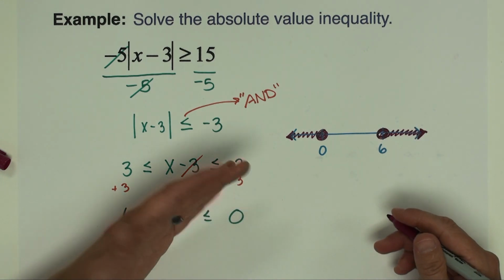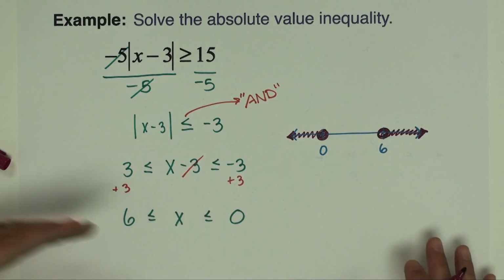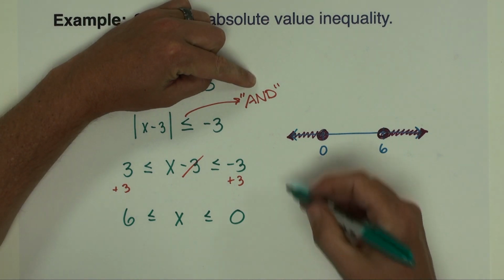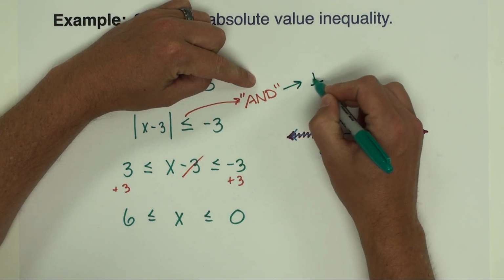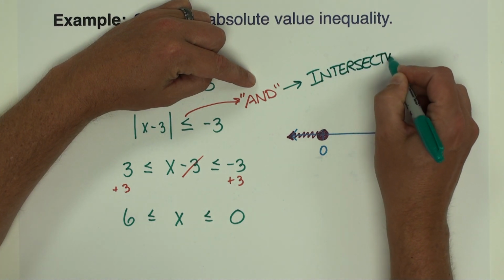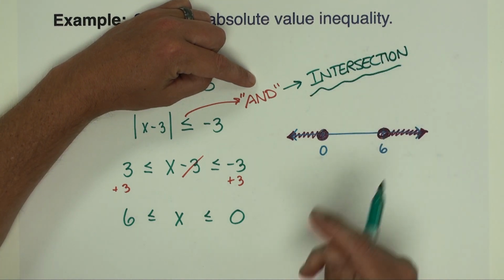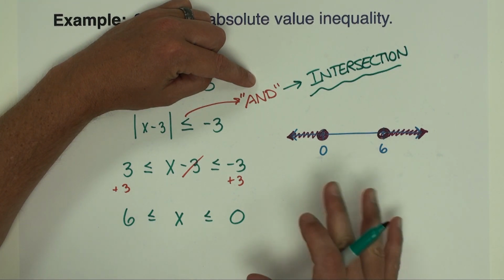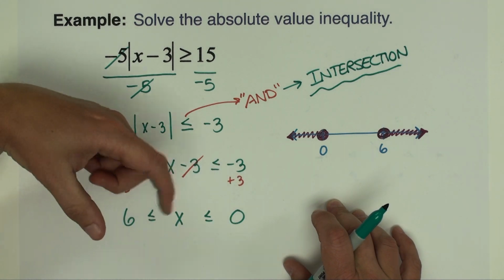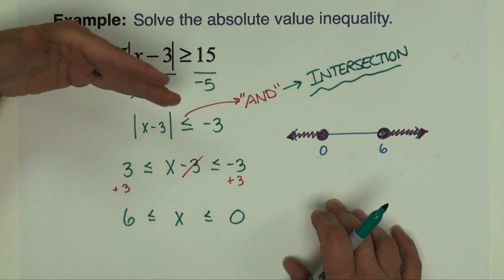So we've got that. Now, we've seen number lines like that before. We know how to write the solution to number lines that look like that. So that's not really a problem, except this inequality was an and statement. And what I'm looking for is an intersection. In order for a number to be a solution to this problem, it has to be in both shaded regions, right? It has to be some sort of overlap.